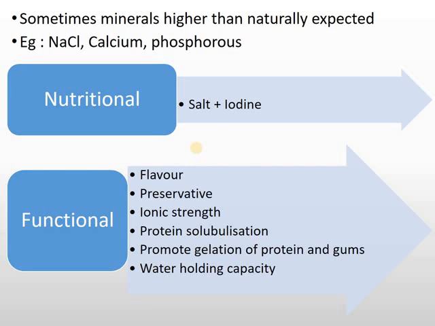Goiter is that big lump that normally forms here on the neck. So it becomes a nutritional problem, because if you don't have iodine in the salt, then obviously goiter forms. So that is a nutrition related problem.